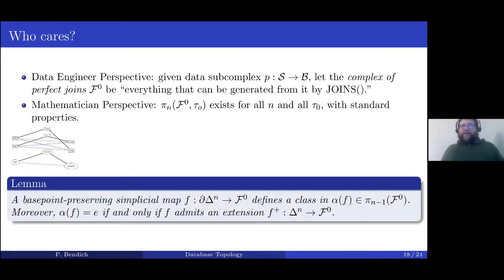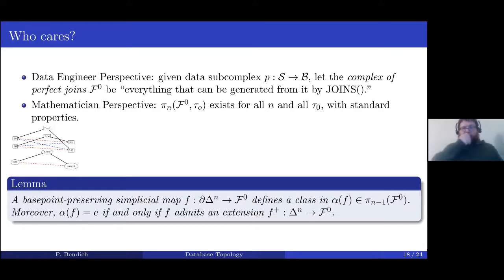That literally just means do as many join commands as you possibly can until your finger gets tired hitting enter on SQL or whatever else you're doing. The subscript 0 in script F sub 0 is meant to be evocative. It'll be replaced by a script F sub t when we start doing persistence. So the mathematician perspective is that as long as you do that, you can talk about homotopy.